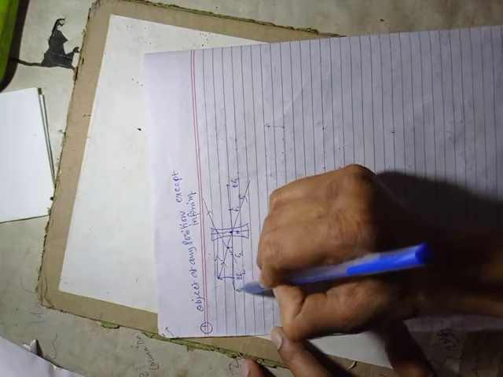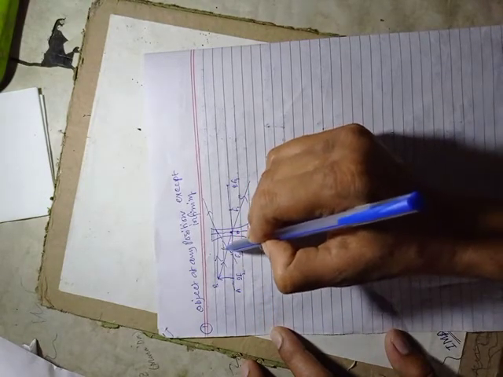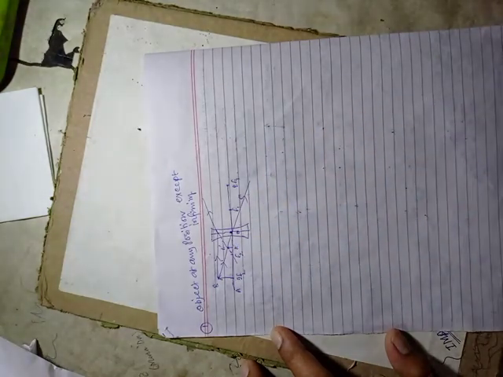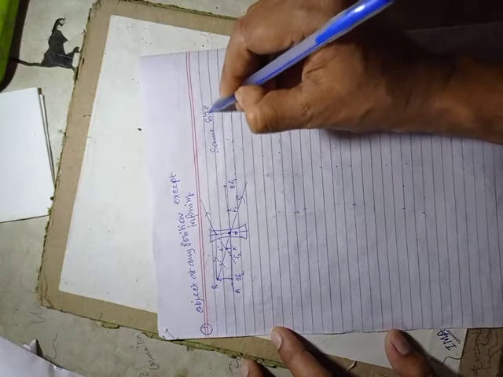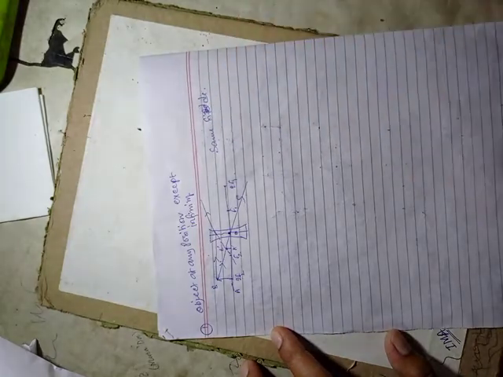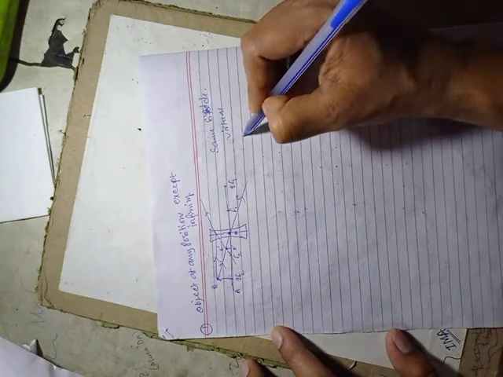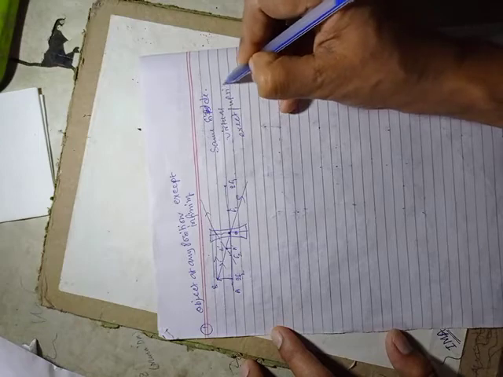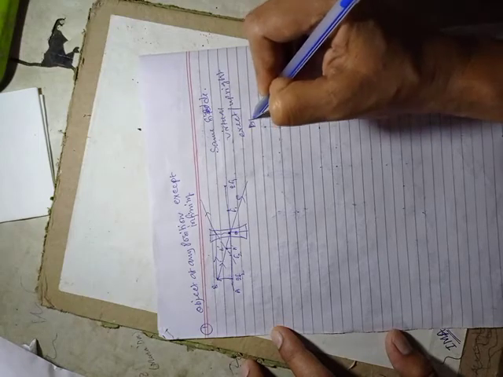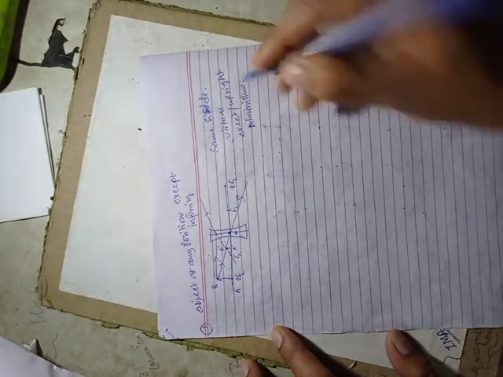If the object is AB, the image will be B dash A dash. That means the image forms on the same side as the object, and it is virtual and erect. Virtual means erect or upright, and diminished means it becomes smaller.